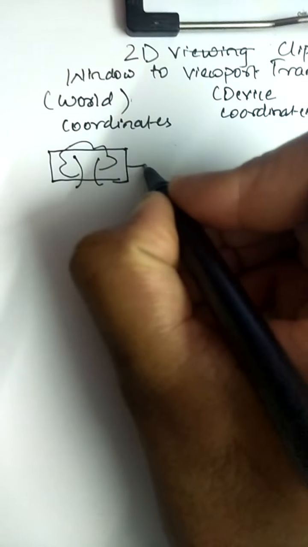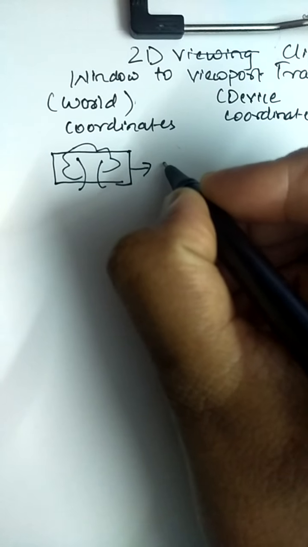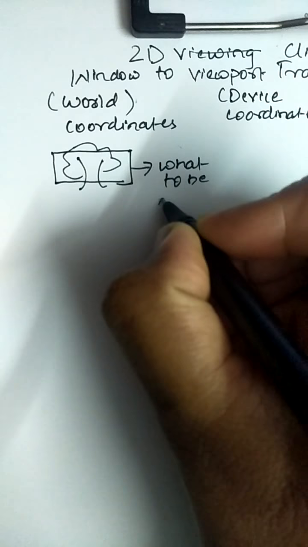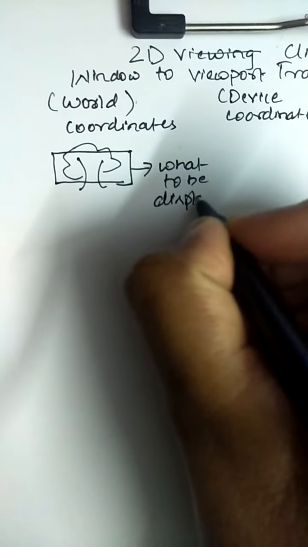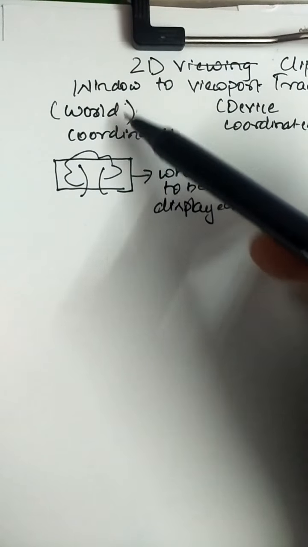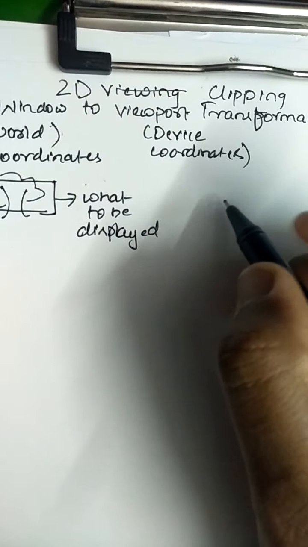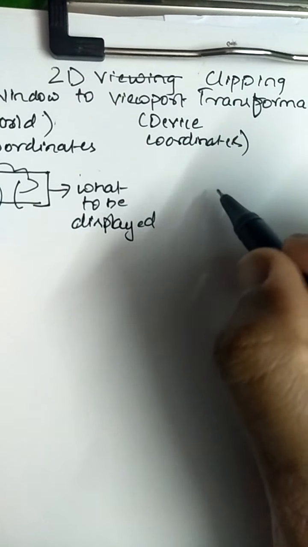So this window is deciding what to be displayed. We call that window as world coordinates.